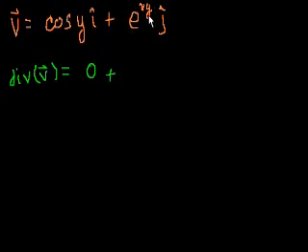Plus, what's the derivative of this with respect to y? Well, you could just view x, since it's a constant, as the coefficient on y. So the derivative of xy with respect to y is just x. And then the derivative of e to anything is e to anything. I just did the chain rule. e to the xy. And so that is the divergence. It's x e to the xy.